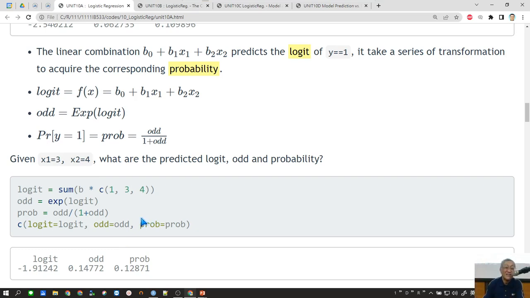You have the coefficients and the values of x, so you can get the value of the linear combination. As I told you, the value of this linear combination is the logit, not the probability. If you want to transform the logit into odd, you do the exponential, because the logit is the log of odd.